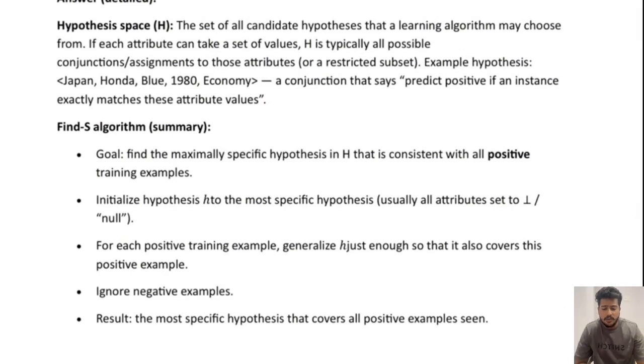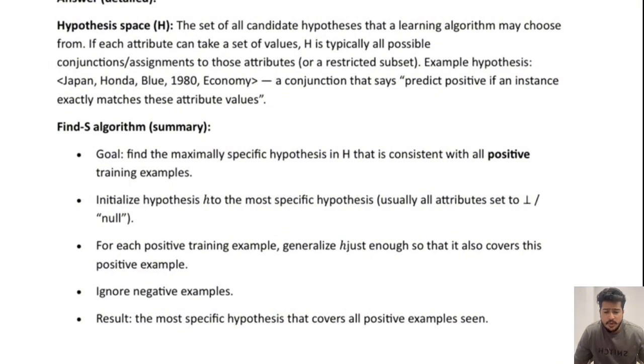Alright, now the Find-S algorithm summary. The goal: find the maximally specific hypothesis in H that is consistent with all positive training examples. Initialize hypothesis H to the most specific hypothesis, usually all attributes set to null.